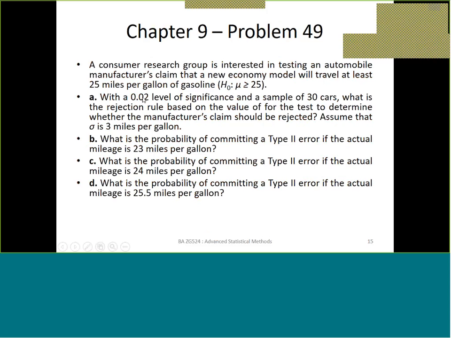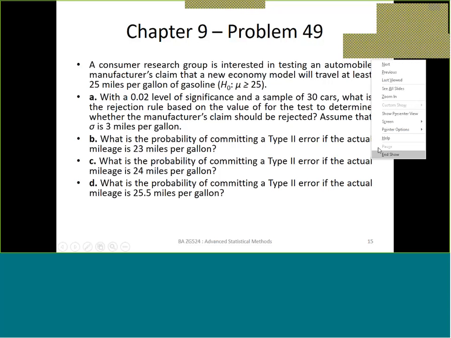With a 0.02 level of significance and a sample of 30 cars, what is the rejection rule based on the value of x bar for the test to determine whether the manufacturer's claim should be rejected? So you have to write the rejection rule for x bar based on 0.02 level of significance. Yes or no? Correct? Now that we will do.